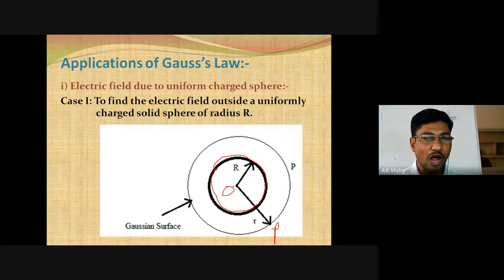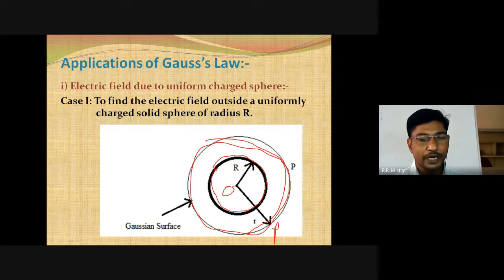Now we have to draw the Gaussian sphere. This is the Gaussian surface, at a distance small r, where you want to find the electric field.